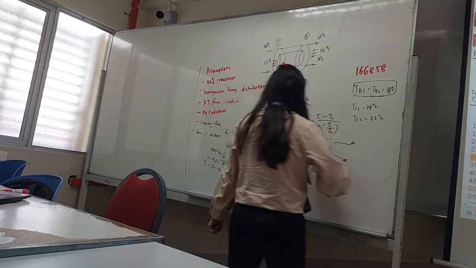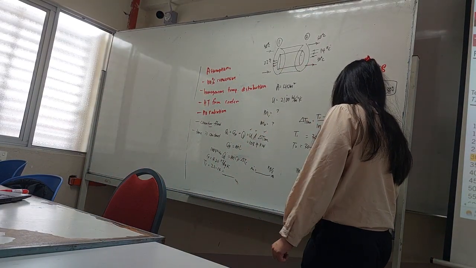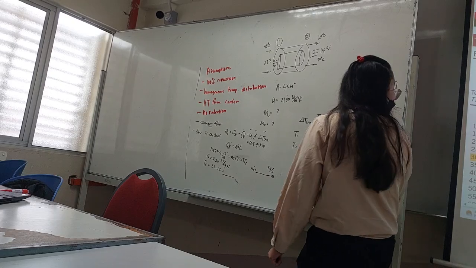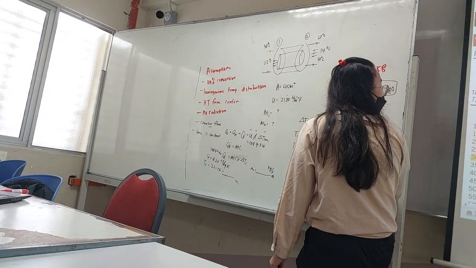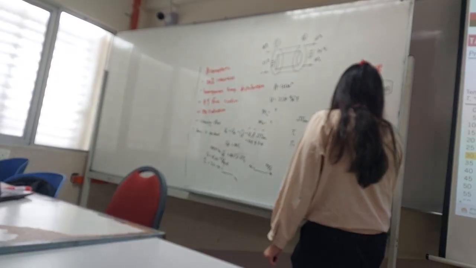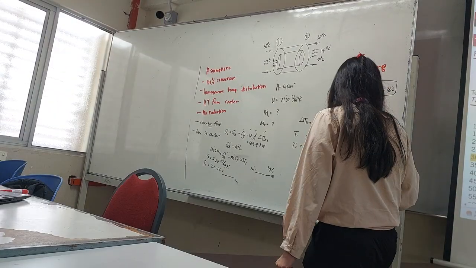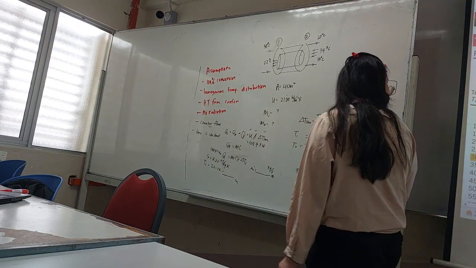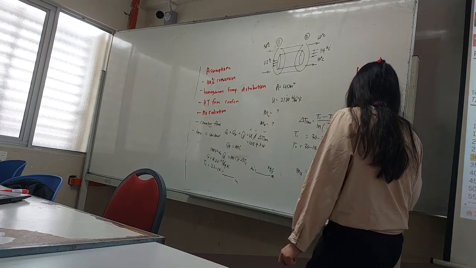The Q value you get is 1087 kilowatt. So the enthalpy of vaporization is 2431, in kilojoules.